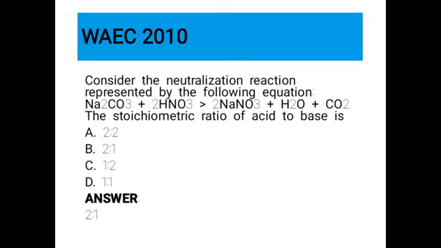So the question says the stoichiometric ratio of acid to base. You just look at your equation. That's where you get your stoichiometric ratio from. Beside sodium trioxocarbonate(IV), you only have just 1. Then beside the acid, you have 2. So the ratio is 2:1, and the correct answer is B.